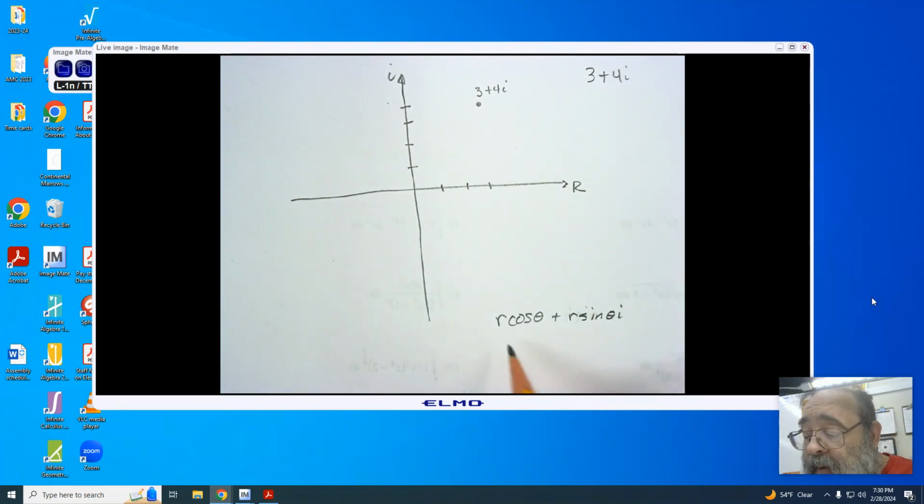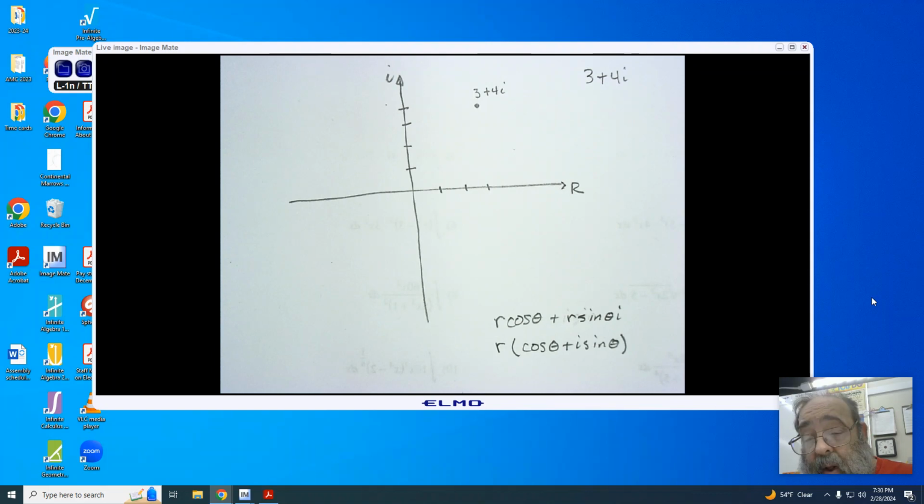Now, we often will factor out the r, leaving us with r times the cosine of theta plus i sine theta. And you'll notice I've moved the i back in front of sine. This will help us to remember because we refer to this as r cis theta.